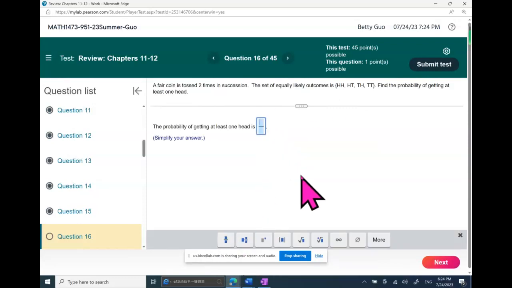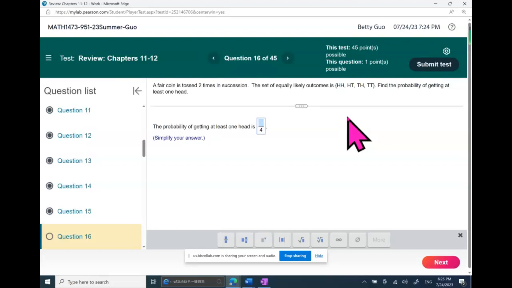Classical model, 2 numbers. One goes to the top, one goes to the bottom. The number on the bottom is the total number of outcomes in the sample space, that is 4. Among the 4 outcomes, how many of them have at least 1 head? At least 1 is different from exactly 1.